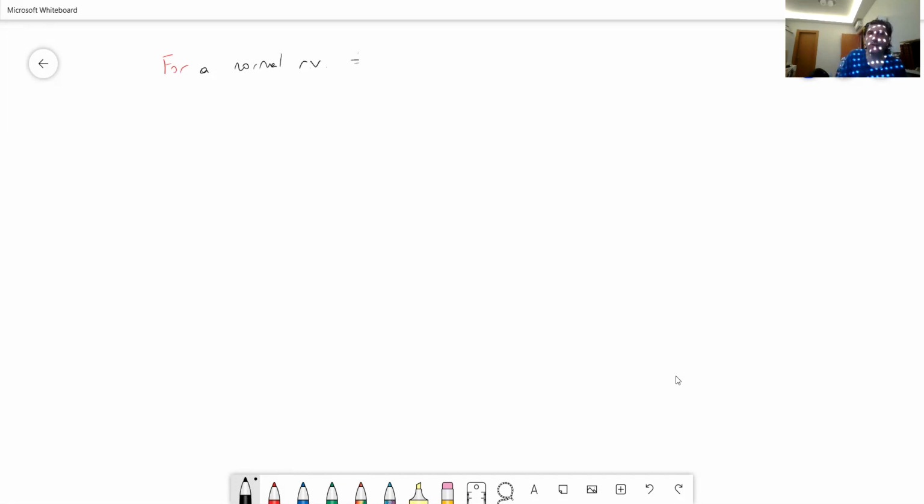Because for a normal random variable, we know that this quantity, n minus 1, which I'm going to call k, the degrees of freedom, times S square over sigma square, is chi-square distributed with k degrees of freedom. And I'm going to show you how to find the expected value of x here.